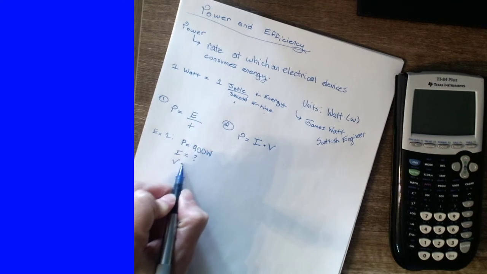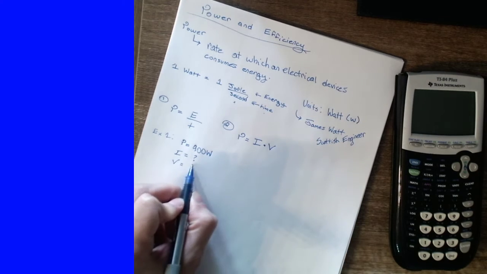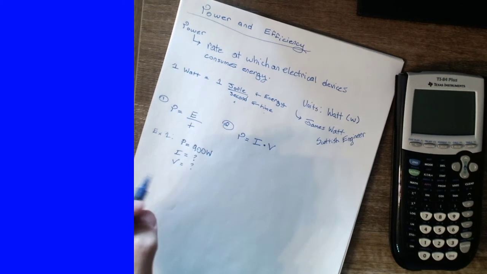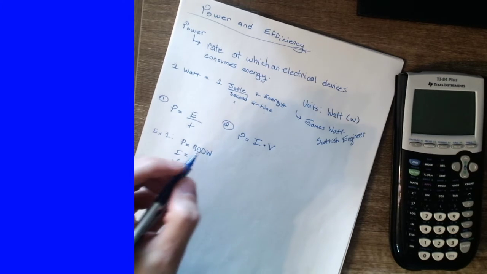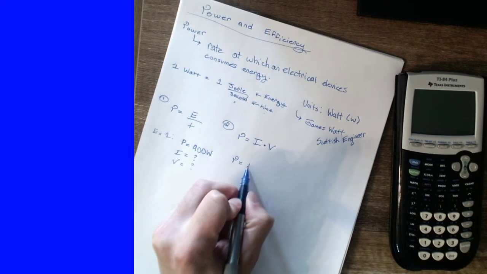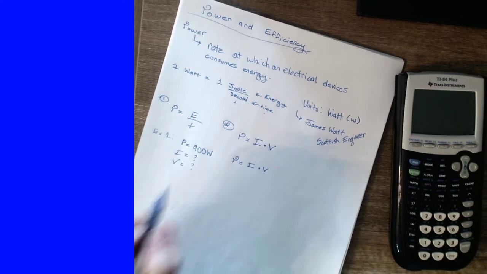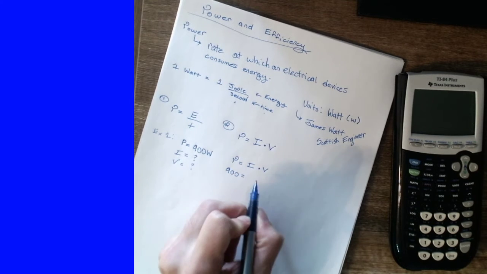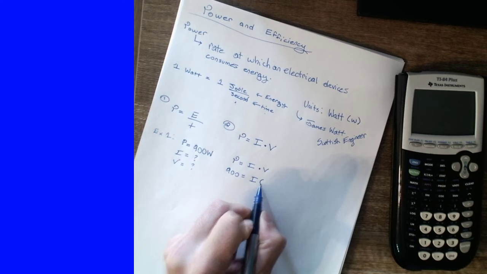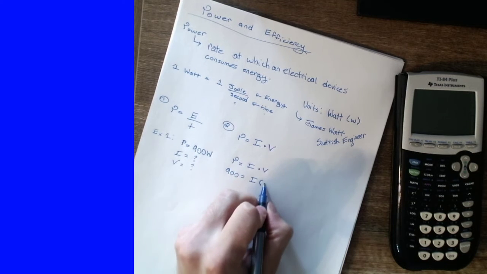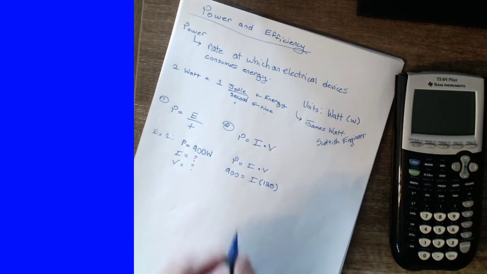Well, that means I would have to know the voltage, which I kind of implicitly do. That means I don't have to be told. So let's just set up our equation. 900 is equal to the current that I want to know, multiplied by, well, my toaster is plugged into the electrical outlet, which is a 120 volt outlet.